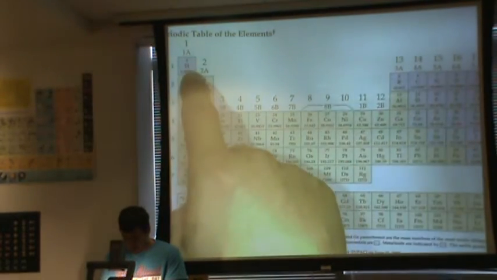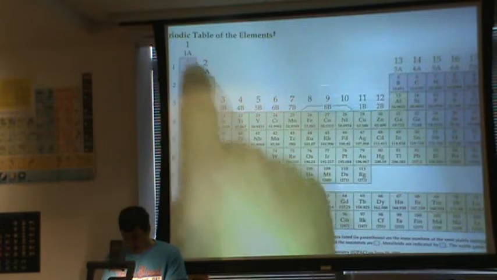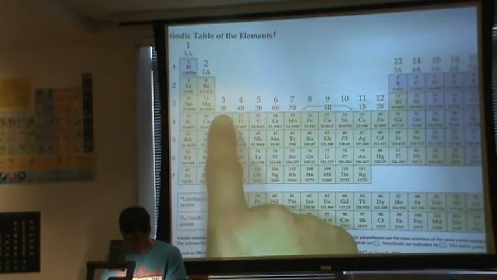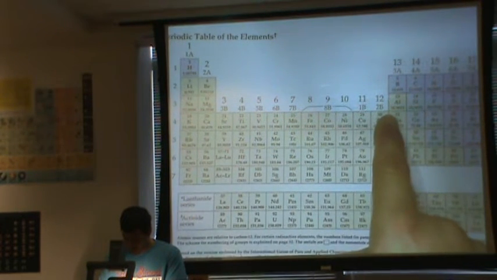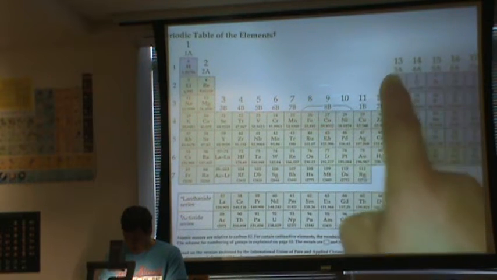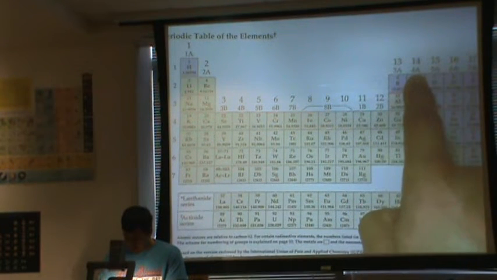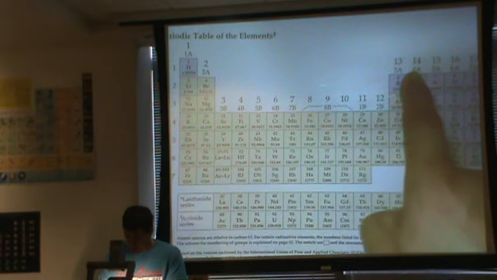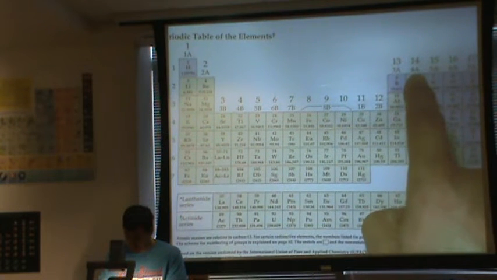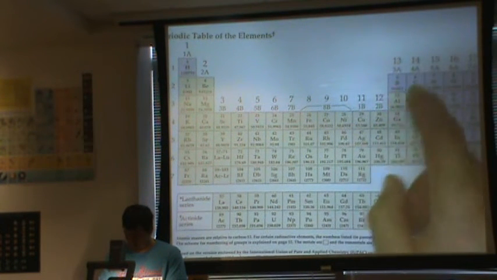But below that, we have 1A, 2A, and then we have this entire B section, which we're going to ignore. And we have this A section again. This number behind the A tells you how many valence electrons, using Lewis theory, this element has.